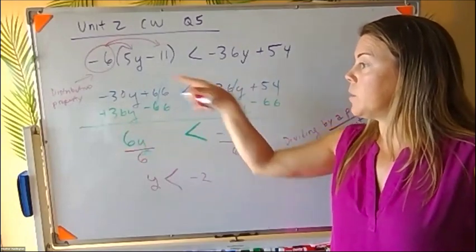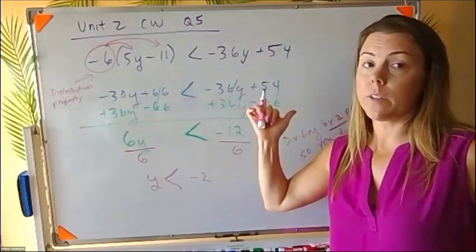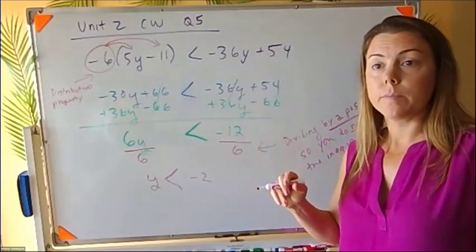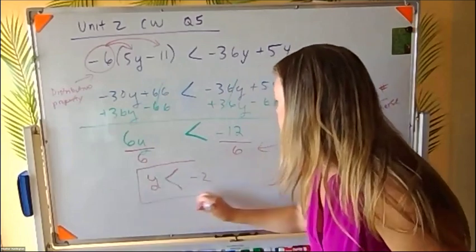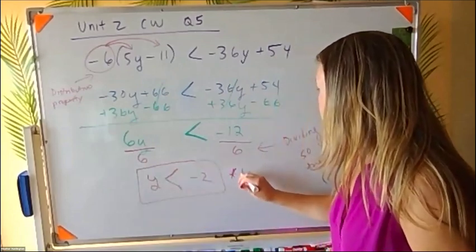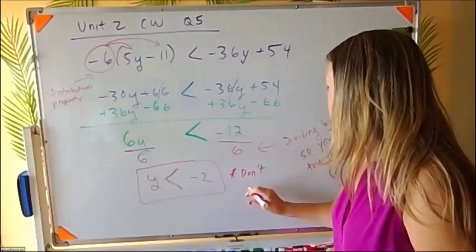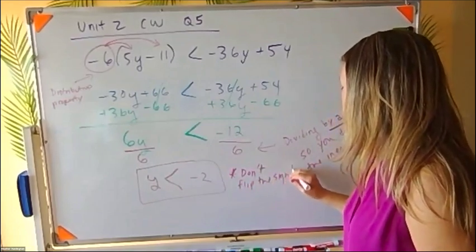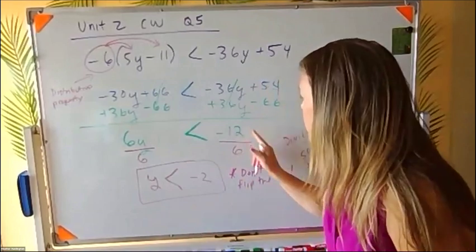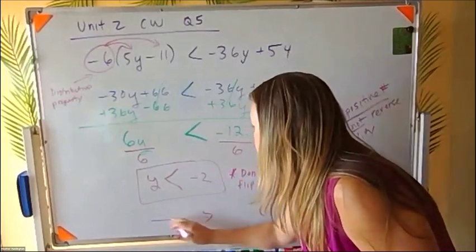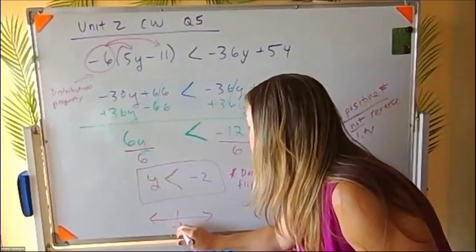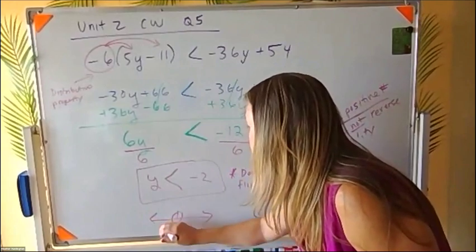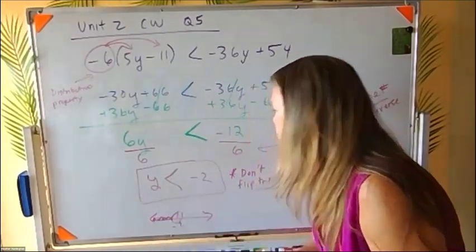You can bring the numbers to the left side and the variables to the right side. It doesn't matter. All right, so we don't flip it. Don't flip the sign, even though that's negative. So then how do we graph this? We've got -2, open circle, and we're going to shade everything to the left.